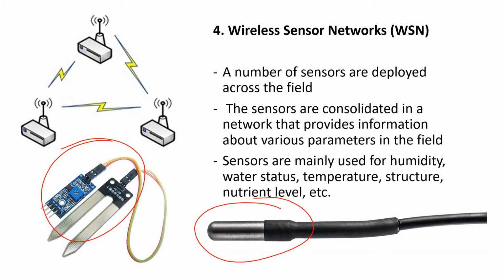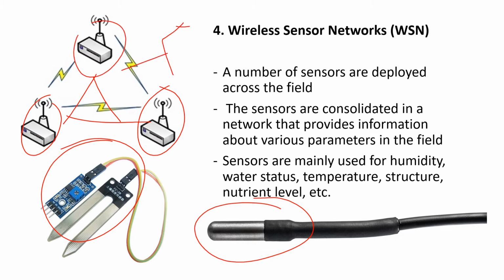So this could be the configuration of how these sensors work. It means these sensors operate wirelessly. You have a number of sensors across the fields, and this would be sending all the data to a central station where this data are processed or stored or analyzed.